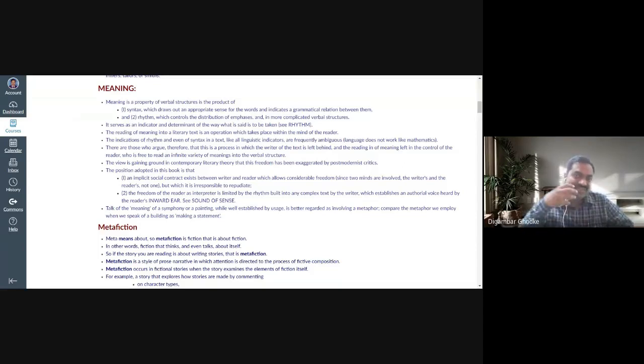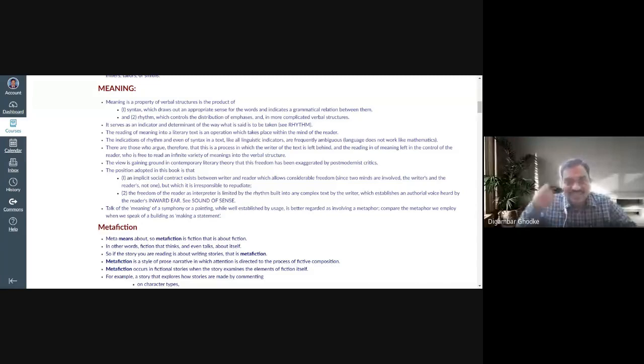We talk about the freedom, but this freedom is not freedom as such because it is controlled by the complex text created by the writer, and this establishes an authorial voice heard by the readers' inward ear. Yesterday we referred to inward ear.